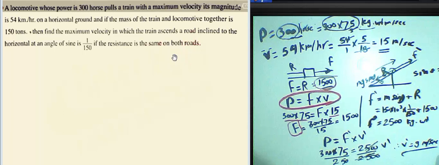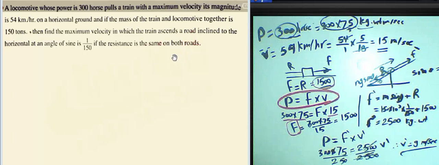Okay, then F dash equals mg sine theta plus R. When you find F dash, we must put m equals 150 multiplied by 10 power 3. Don't write 9.8, because the unit here is not Newton. We use kilogram weight. R will be 1500 kilogram weight, and the weight here must be kilogram weight. Don't write Newton.